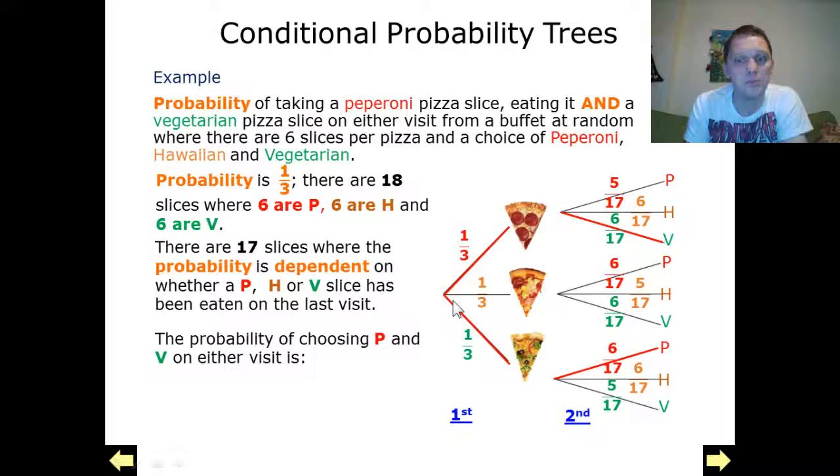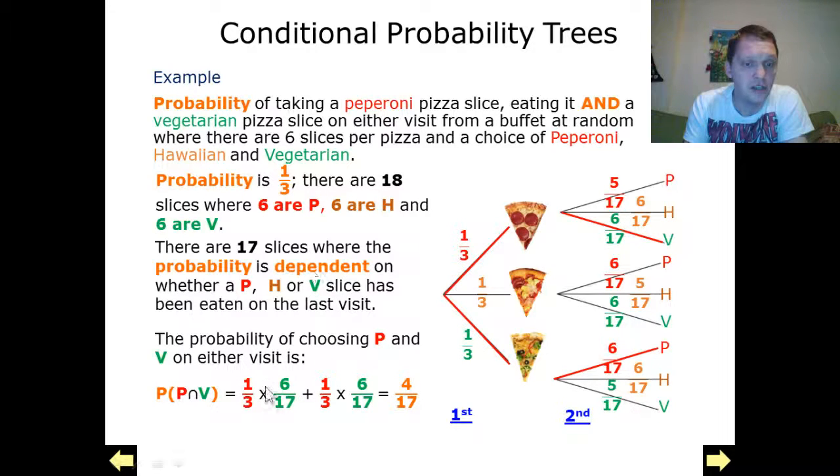But we've also got the probability of taking the vegetarian and then taking a pepperoni, which would also give us the same outcome. So we are going to use a third times 6 over 17 for this outcome just here. And we're going to add that to a third times this outcome here, 6 over 17. And that gives us 4 over 17 as a probability of choosing a pepperoni and a vegetarian on either visit.